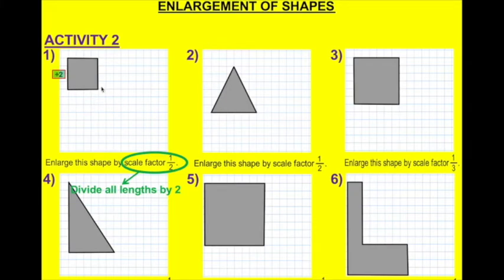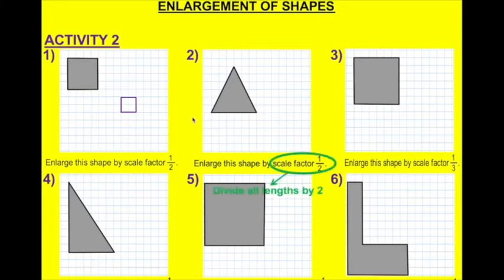By the way, the length is 1, 2, 3, 4 units, and this one also 1, 2, 3, 4 units. So 4 units divided by 2 becomes 2 units, so that's 1, 2. Similarly for the other sides. So that is the image of the object, right?